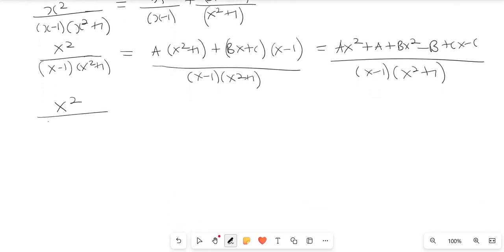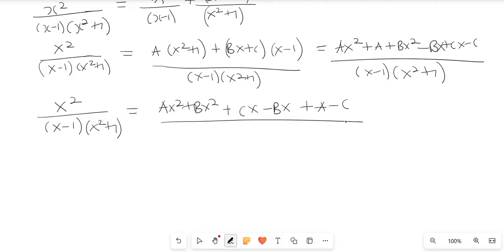We can group like terms: Ax squared plus Bx squared plus Cx minus Bx plus A minus C, all divided by x minus 1 times x squared plus 1.